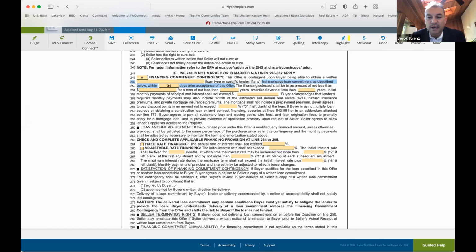And if I have a deadline to hold the lender's feet to the fire, I'm going to do it. So this allows me on day 20 or day 25 to reach out and say, hey, where are we at with that full loan commitment? Oh, I'm still looking for a document. Oh, well, we need to get that document because I need to remove this financial contingency on the 30th. Well, in our case, it would be September 30th.